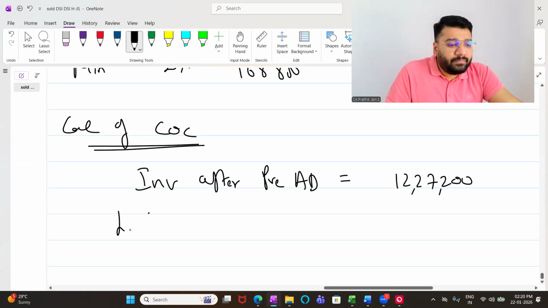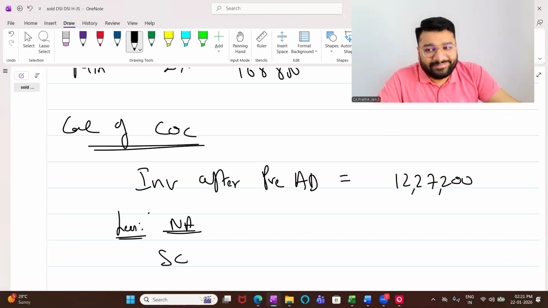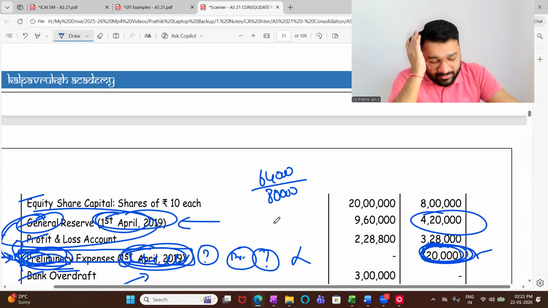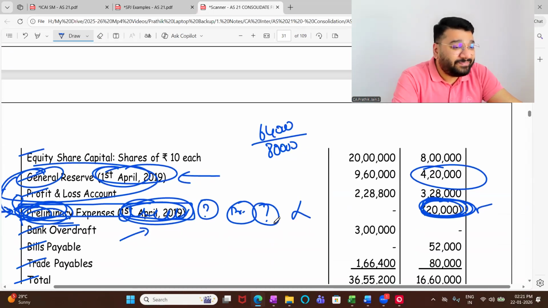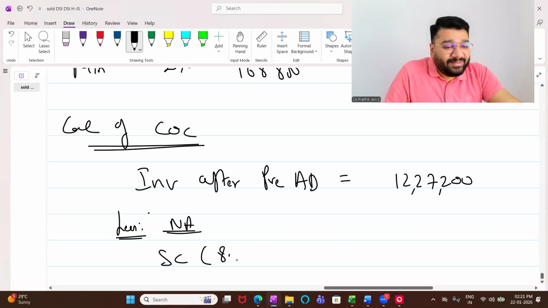Compare this with net assets. Same question: share capital is 8 lakh, on the date of acquisition or the end of the year? That you tell me tomorrow, not today. How much is share capital at the end of the year? 8 lakhs into 80%.